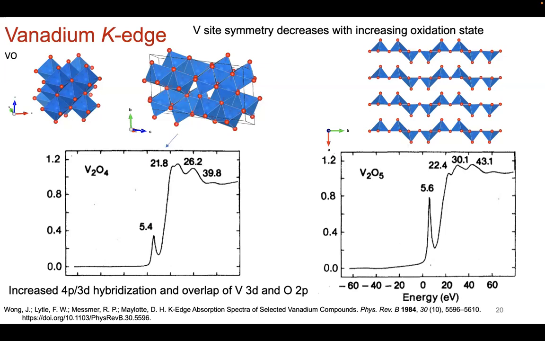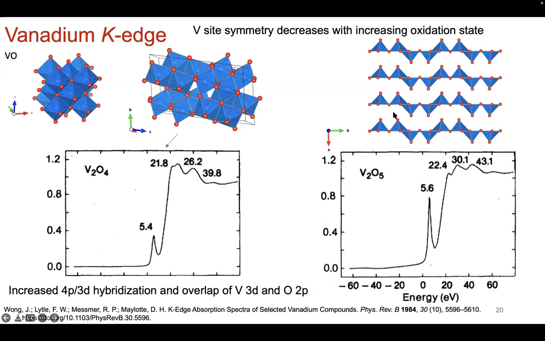But basically, yeah, this pre-edge peak is increasing in intensity because you have distortions to the octahedral geometry. So it goes from this VO, this nice symmetric octahedral environment, to a distorted one. If you look at this V2O3, you see that the octahedron is slightly off. It's not perfectly symmetric.